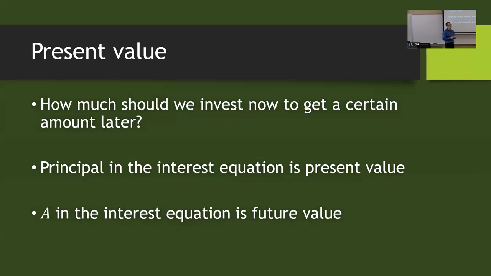So in that basic interest equation, A equals P times 1 plus R over N to the MT, the present value is just the principal. And when we say future value, that's just the A, the amount.